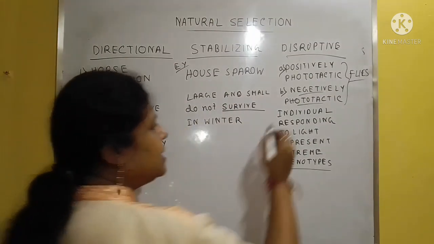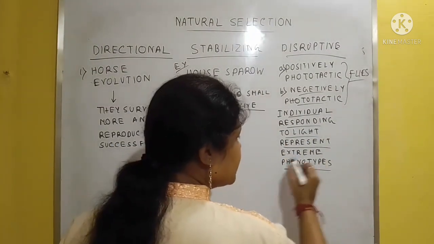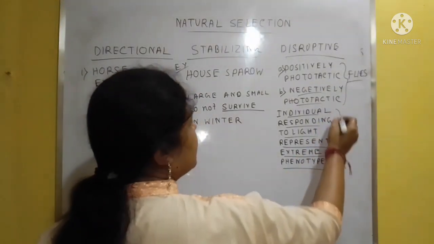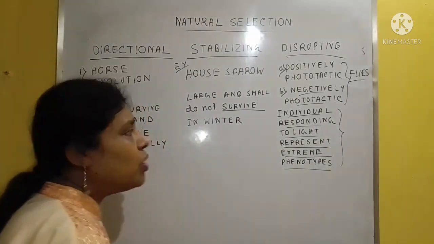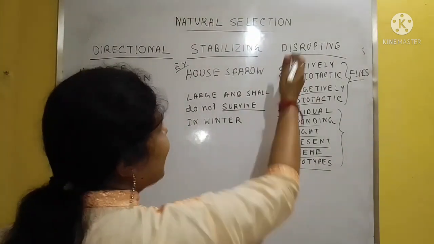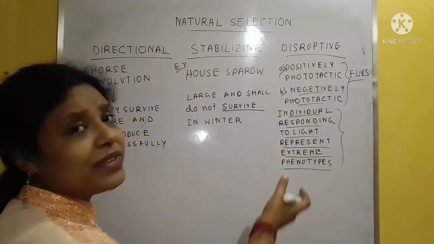So the individuals that respond to light represent the extreme phenotype. Clear? These represent the extreme phenotypes.